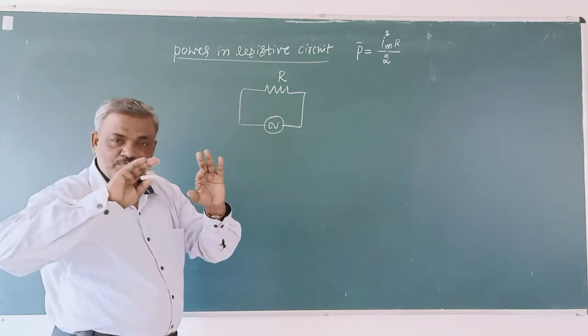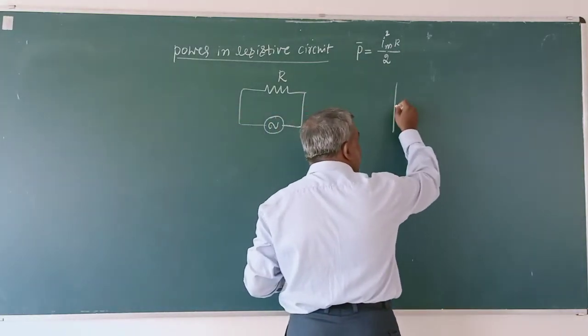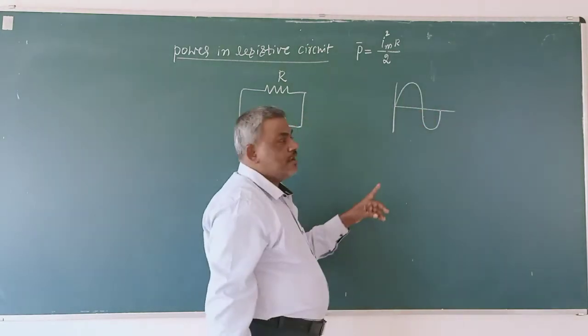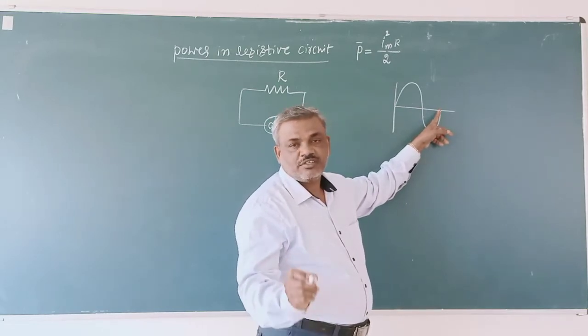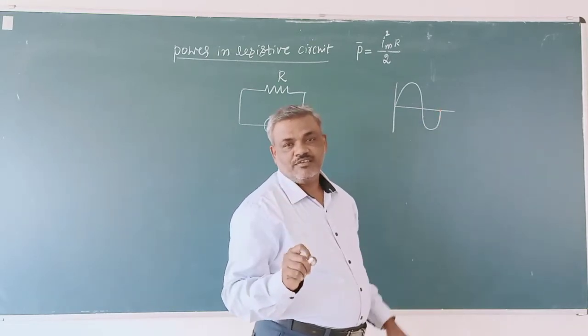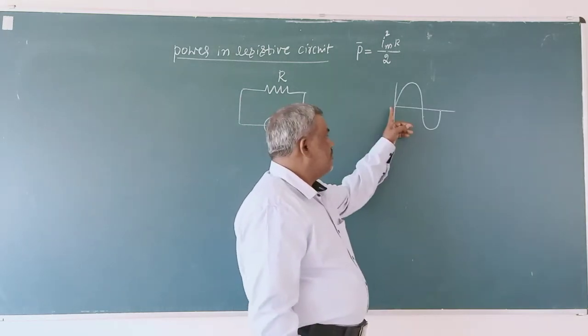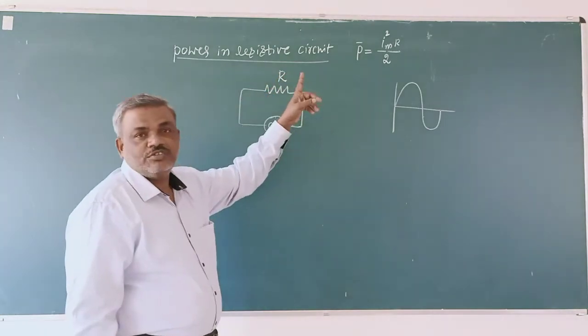Now, the average power for one complete cycle of alternating current in a pure resistive circuit. The time taken by the alternating current to complete one cycle is called the period of AC. So what is the average power over one complete cycle in a pure resistive circuit?